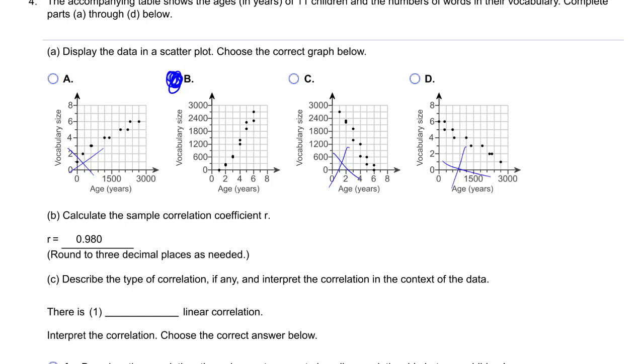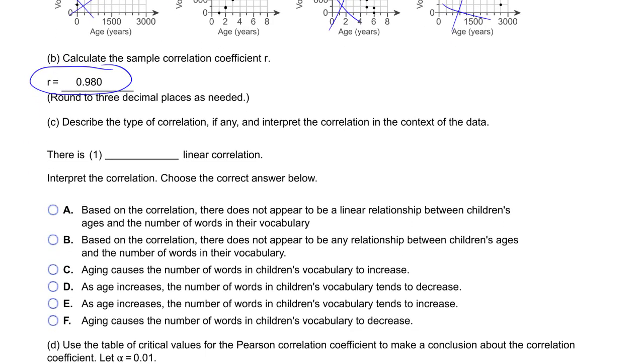Again, here we're not actually doing the calculation, so I'm going to say that R is 0.980. So what does this tell us? Well, there's two things again. Is it positive or negative? And what is the strength?